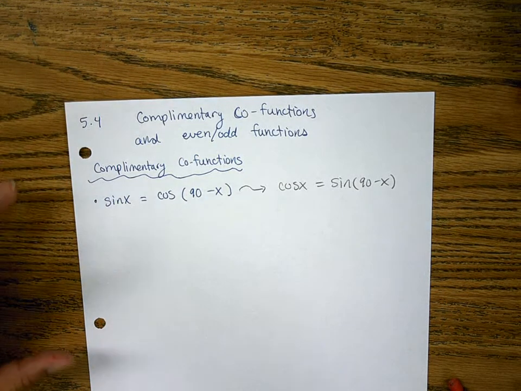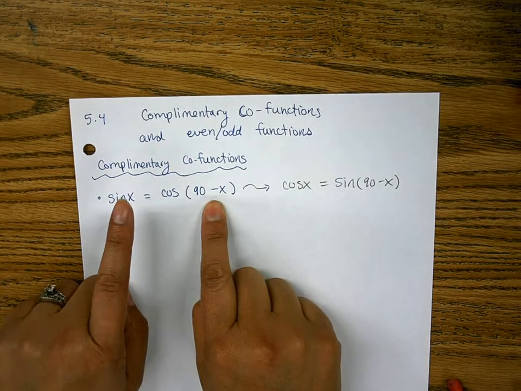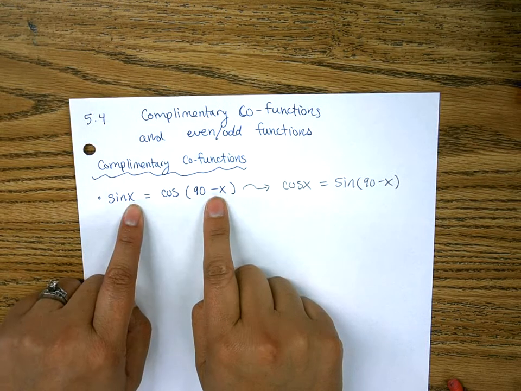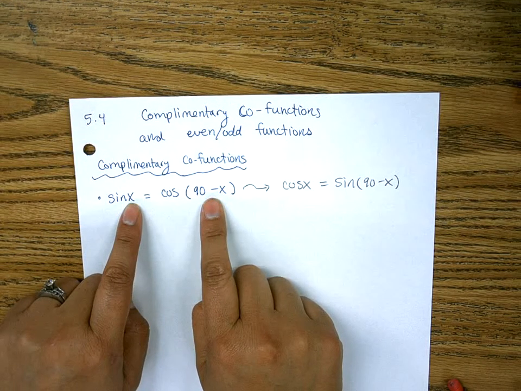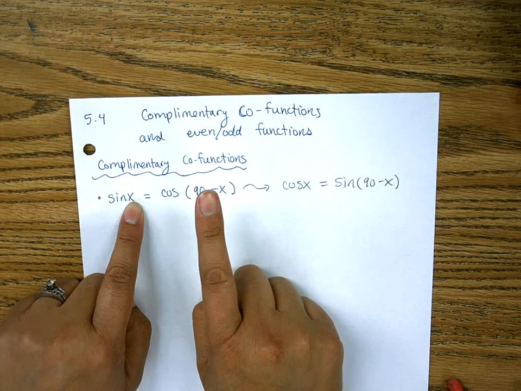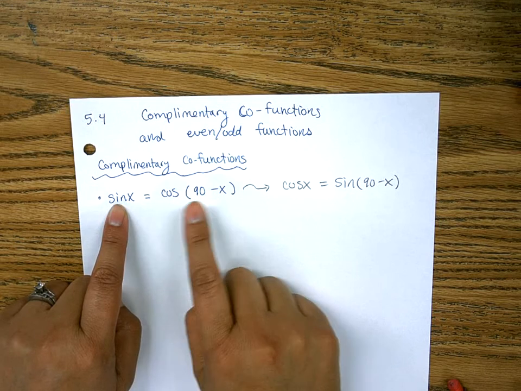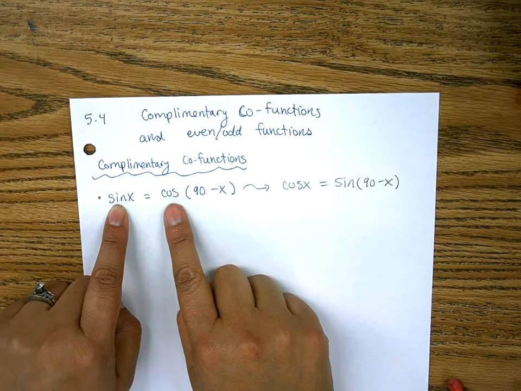Okay, here's a supplemental piece. X and 90 minus x are complements, right? If this was 30 and I did 90 minus 30, I'd get 60. 60 and 30 are complements. Sine, cosine.